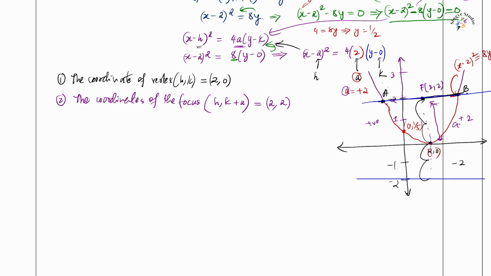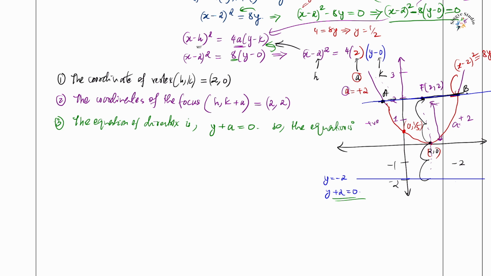Therefore, the equation of this line will be y equals negative 2, or y plus 2 equals 0. So the third part, the equation of the directrix, is given by y plus a equals 0. This is general, right? So the equation is y plus 2 equals 0, and this is the equation of the directrix.